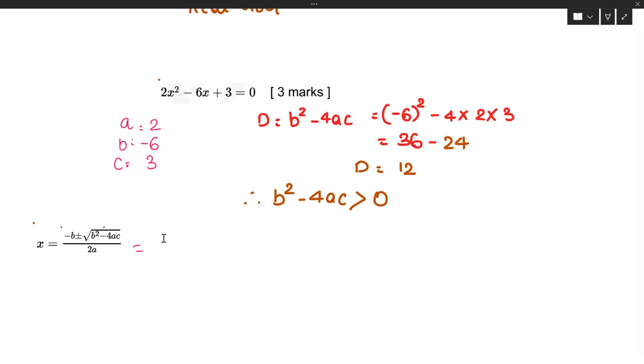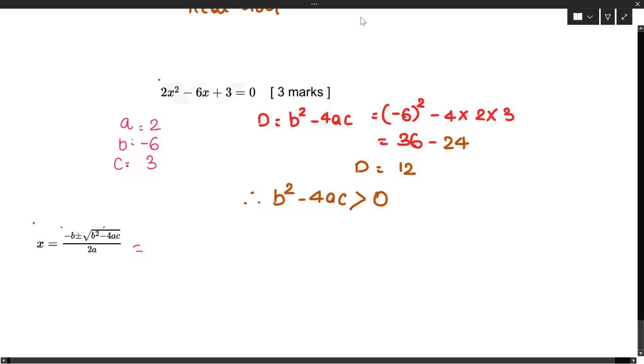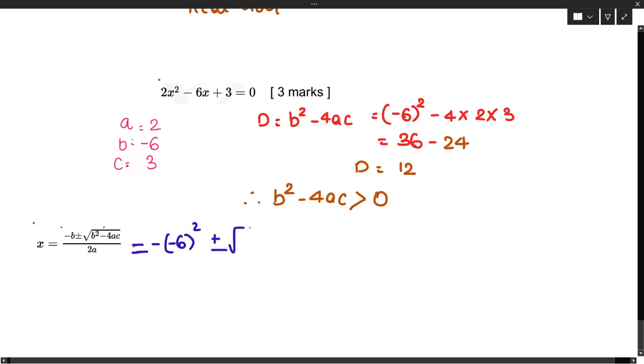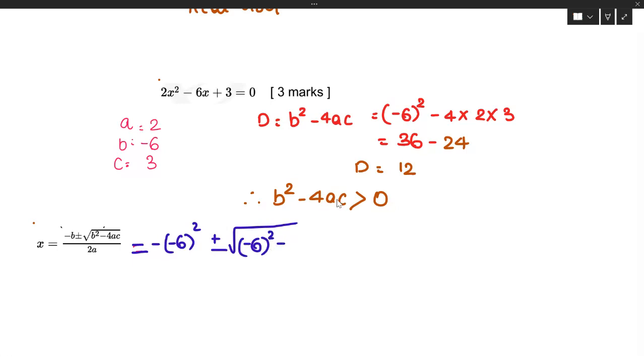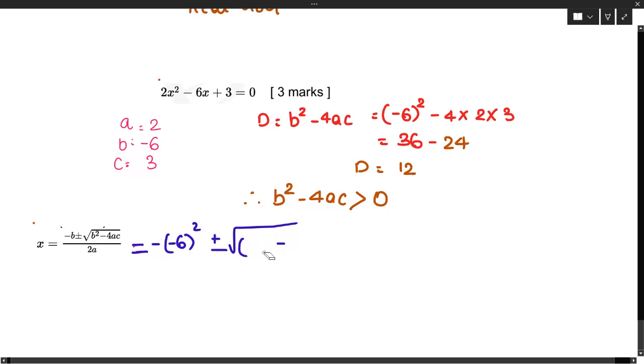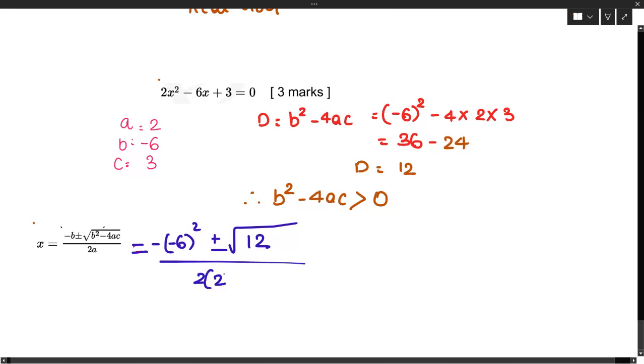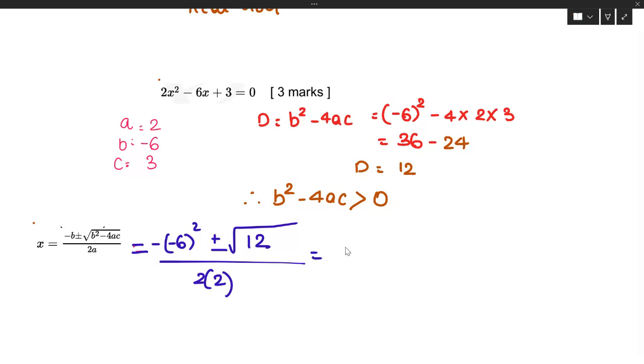So minus of minus 6, plus or minus root of b square minus 4ac, I think the inside part will be same, 12. So we don't need to solve it once again. Just put the formula and write it there, 12 into 2. Any doubt, any confusion?